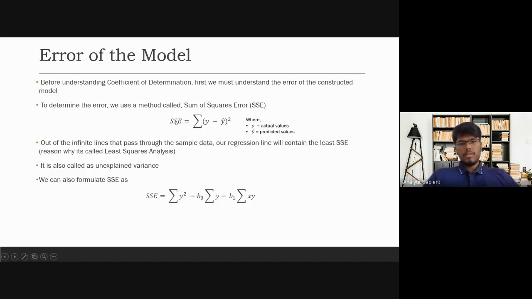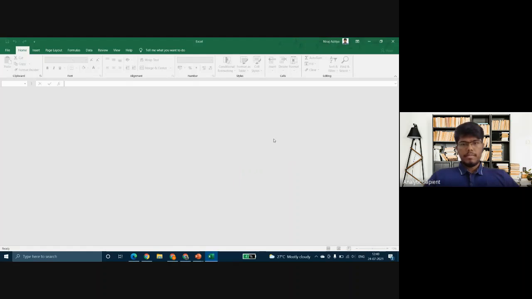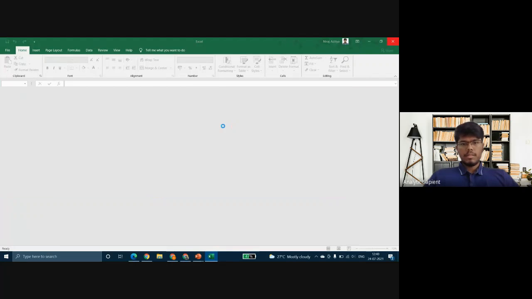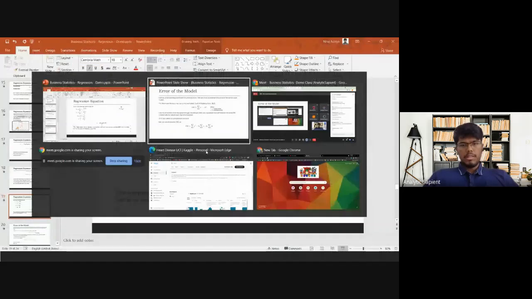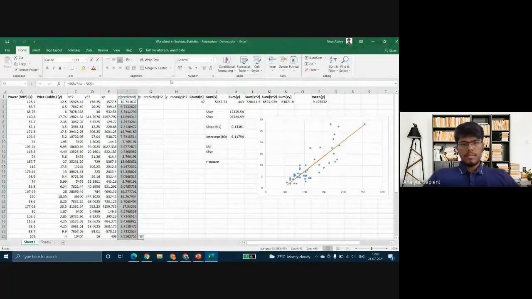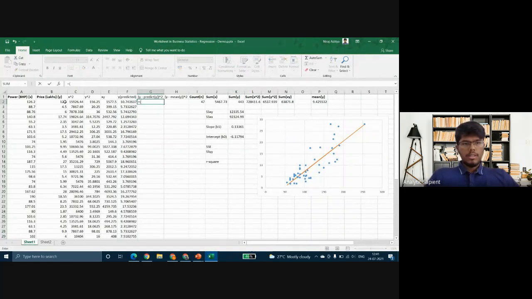So let's find out the sum of squares error as well in our Excel. Let me just open that once again. So this is basically y minus prediction of y, and whole square of that.